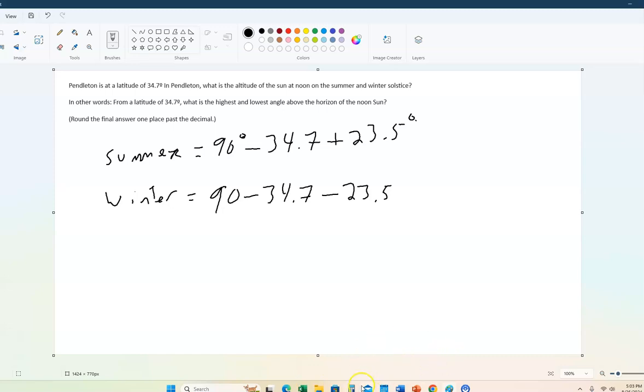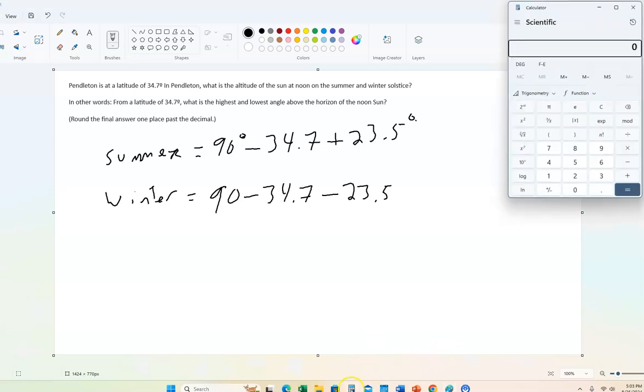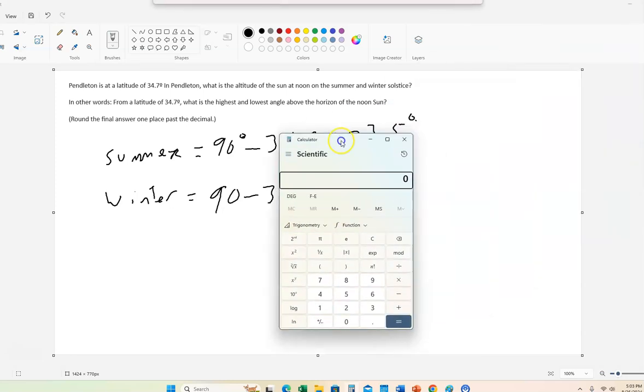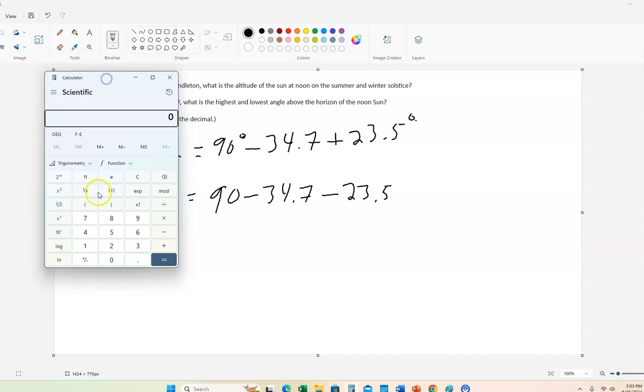Let me get my handy calculator, which I really don't like, but it serves its purpose. All right, so here we go. 90 minus 34.7. All right, so there it is, and then we're going to add 23.5 because that's the tilt of the Earth.